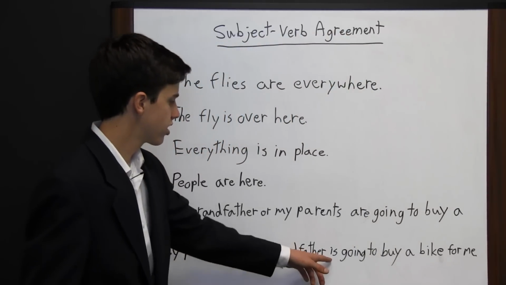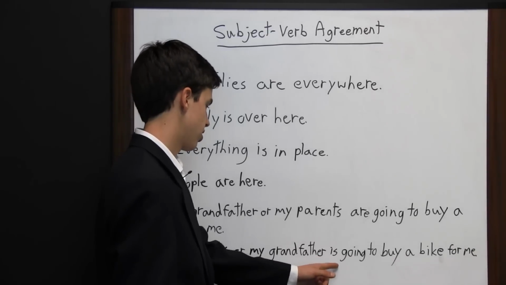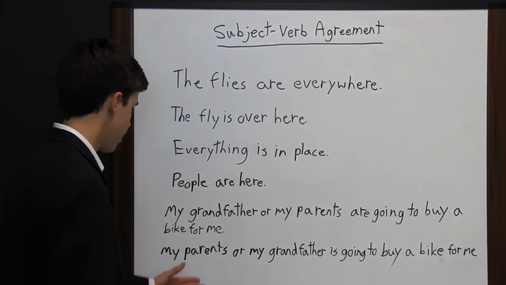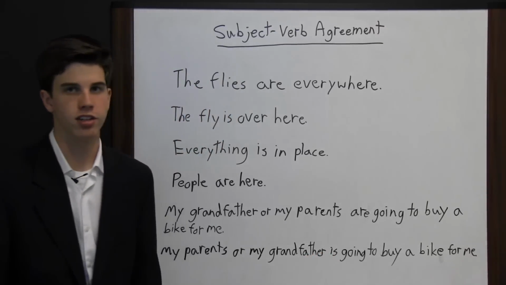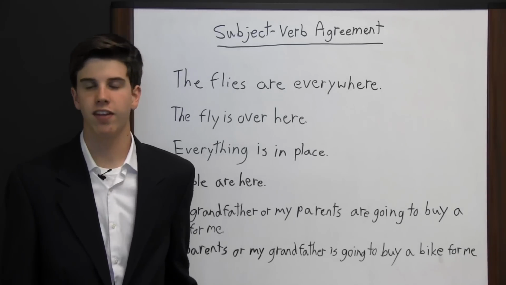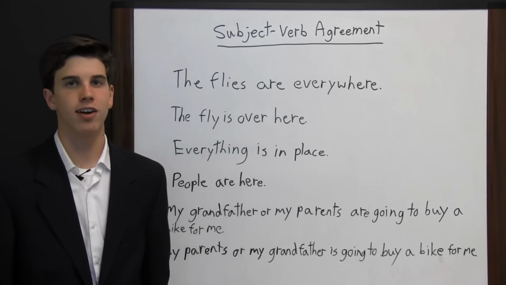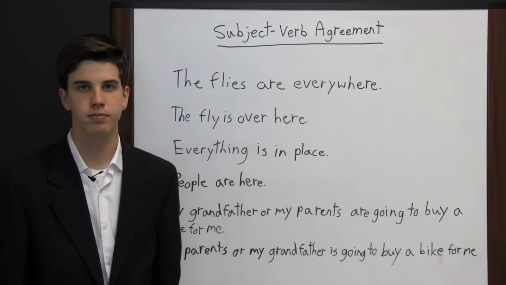So here, we use the singular form of this verb, is, because grandfather is closest to the verb, and grandfather is singular. Parents, again, is still plural, but it's farther away from the verb than grandfather is. So the important thing is make sure your subject and verb agree in the number they are referring to, and that'll help you make your writing easier to understand on the reader's part.